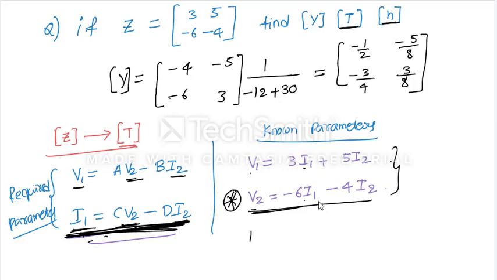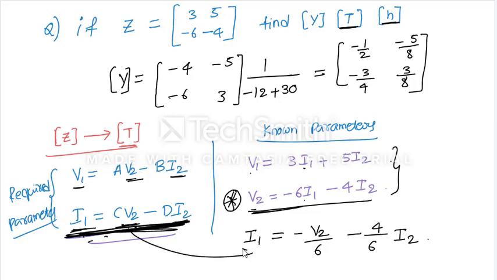Only I1 must be on the left side, and the remaining all on the right. So I1 is equal to minus V2 by 6 minus 4 by 6 into I2. Check it.